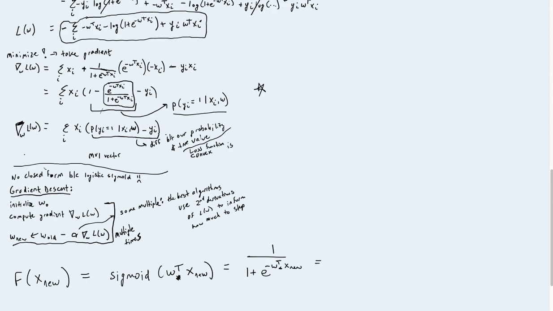And this is equal to the probability that x new is of class 1. And so maybe you'll say that if this probability is greater than 0.5, for example, I want to predict that it's class 1. And there's all kinds of literature on how to best select the threshold, and it really just depends on your application. All right, thanks.